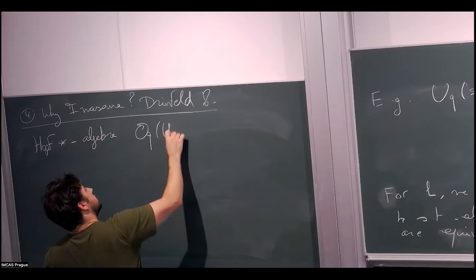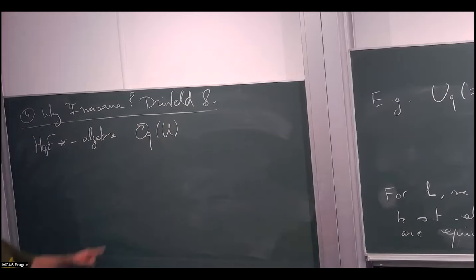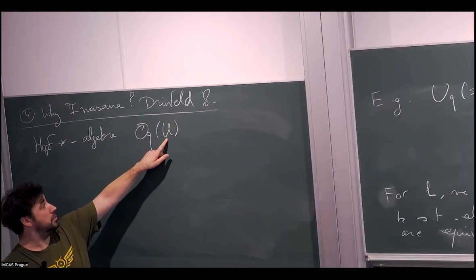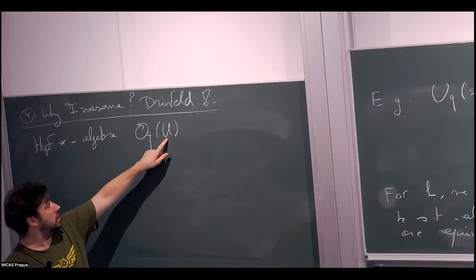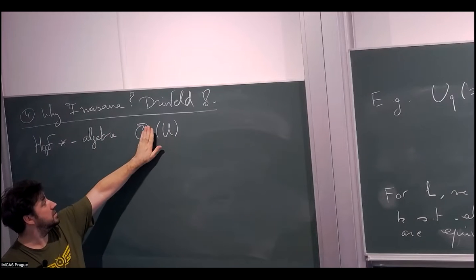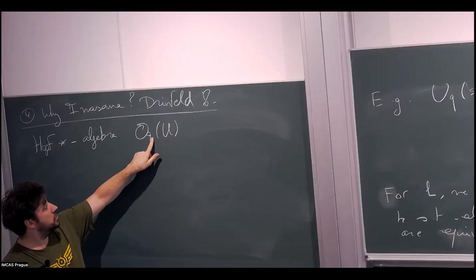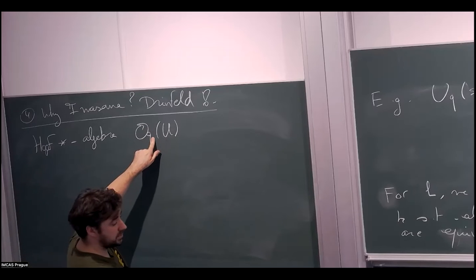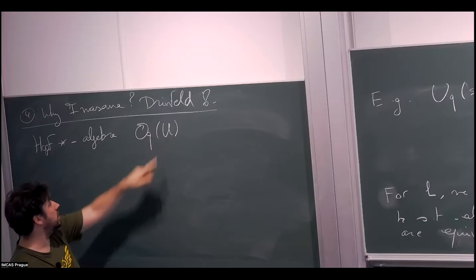Now I will basically try to quantize the function algebra on the compact Lie group U. So I take matrix coefficients of finite dimensional representations. This gives me an algebra O(U). I will try to quantize this one. Now, this is not so hard if I already quantized the universal enveloping algebra.